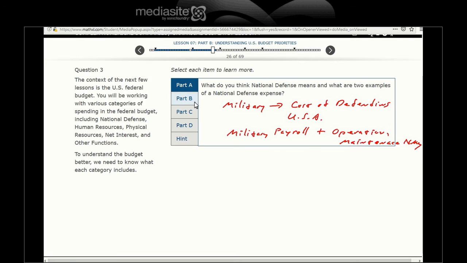And do something similar for human resources within the federal budget, physical resources, federal budget, and what is net interest. And that is getting more and more of a political hot potato after every year of recurring budgets of the United States of America.